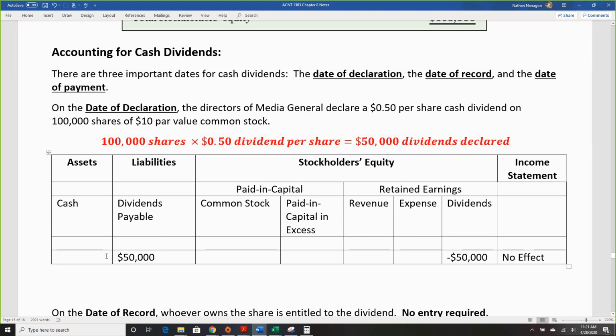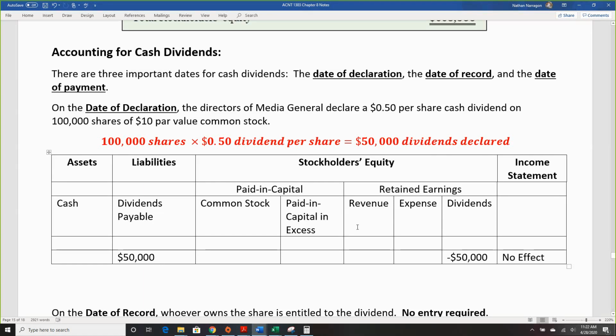So we'll make our dividends payable account. Now we'll have 50,000. And then we're going to show in retained earnings that dividends are affected by negative 50,000. And remember, dividends is a contra to retained earnings. So it always shows up as a negative. So now we have this amount.